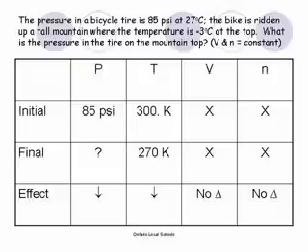So we put a downward arrow in that slot. Now, when we multiply the pressure by the ratio of the temperatures, because the pressure must decrease, the ratio of the temperatures that we're going to use has to be equal to a value less than 1. So in that ratio, we're going to put the smaller temperature of 270 Kelvin on top with the larger temperature of 300 Kelvin on the bottom.